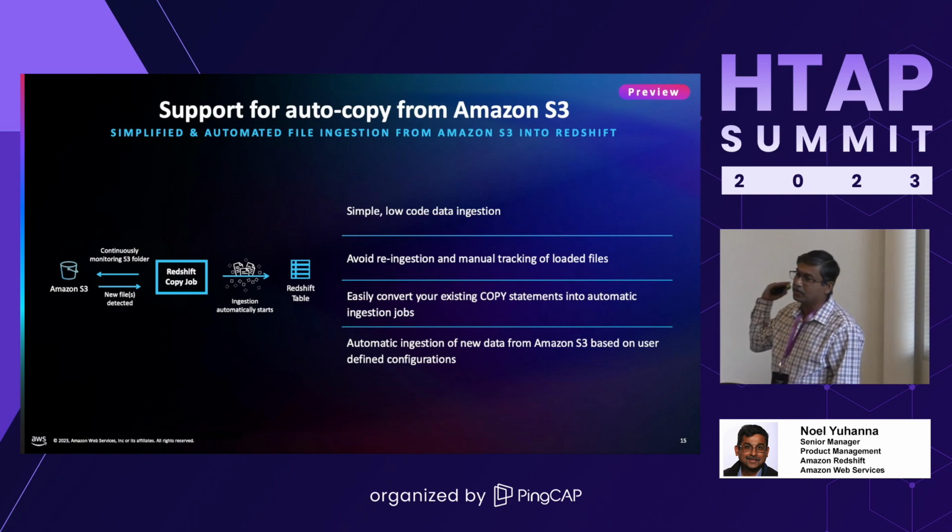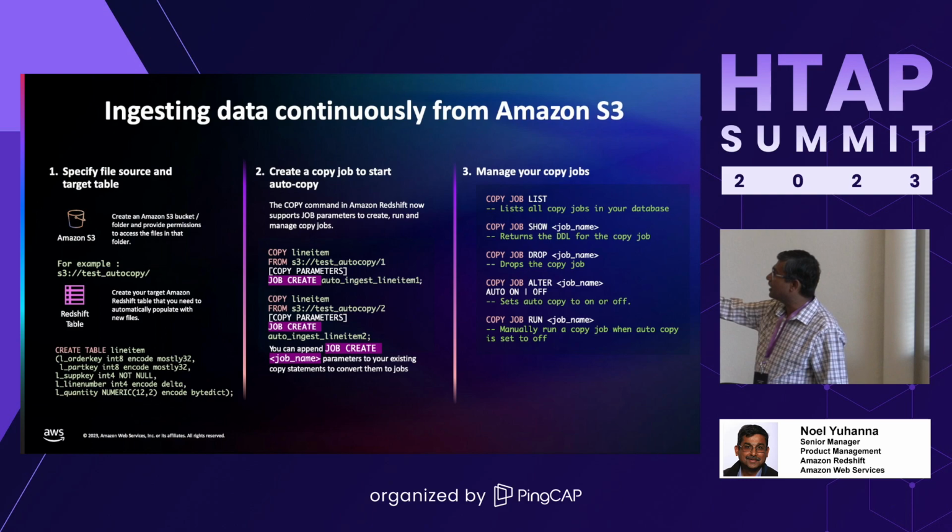So we now have something called auto copy that allows you to load data from S3 to Redshift automatically. You generally use the copy command to load the data from S3. What we do there is you just add a new parameter called job create, auto ingest, and from there on the data will be automatically loaded to Redshift. There is a public preview for this feature, and it will become generally available very soon, but right now anybody can test it.